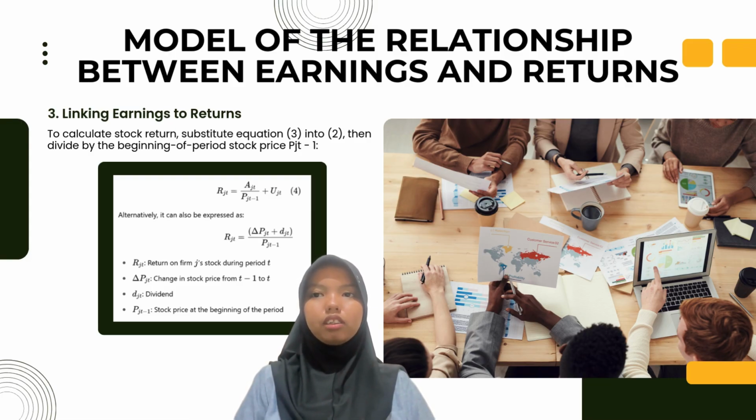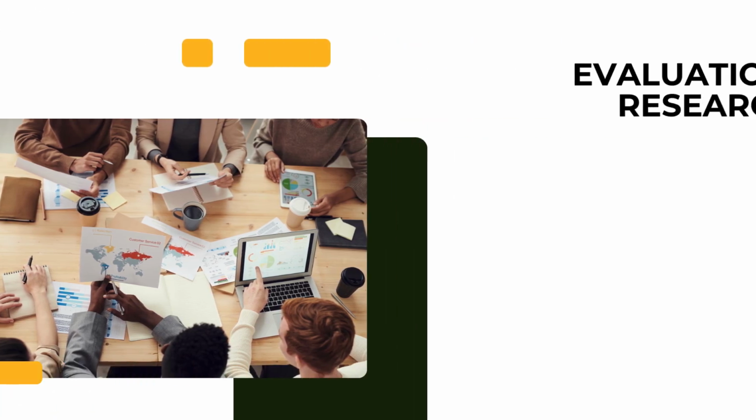Alternatively, it can also be expressed as return on firm j stock during the period equals change in stock price from t minus 1 to t plus dividend divided by stock price at the beginning of the period.